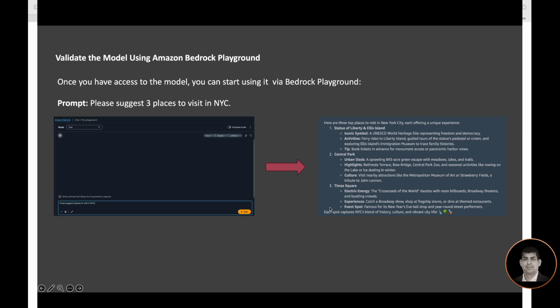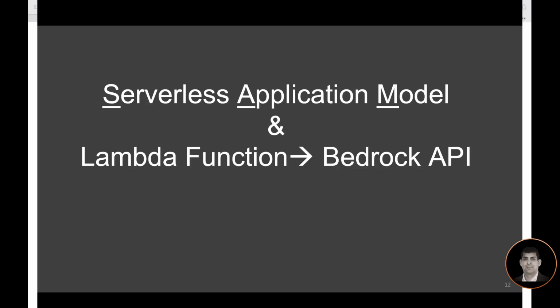Now I know that I have access to the model and I can use it. So next I'm going to invoke it through the API, and I'm going to build the Lambda function and API using the infrastructure as code approach using AWS SAM, which is the Serverless Application Model.